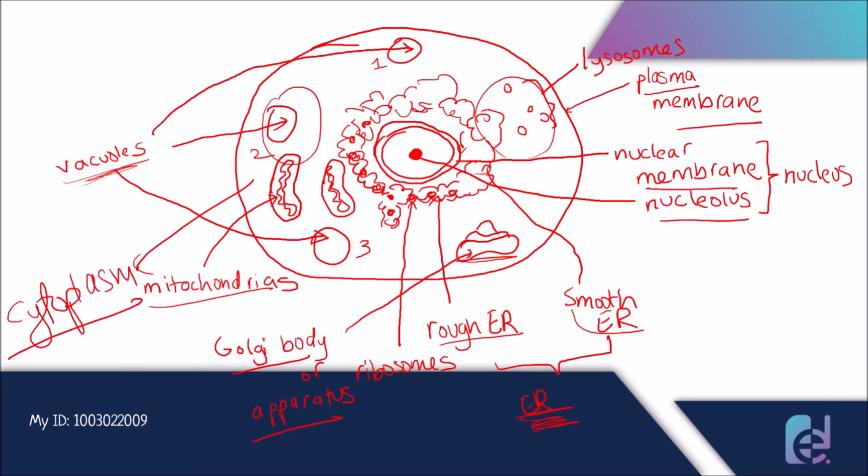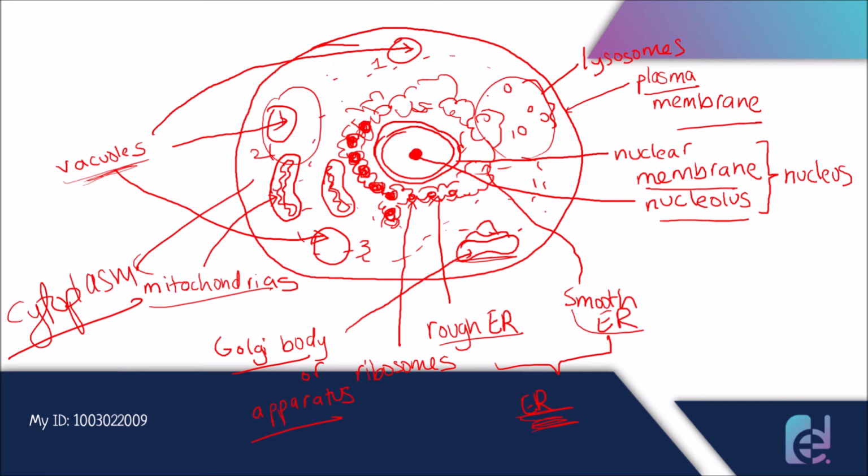This is really a common mistake everyone makes. They just forget the cytoplasm. But it's required to put the cytoplasm inside your animal and plant cell diagrams. And also one common mistake is that people think that these ribosomes over here are only present on the rough endoplasmic reticulum. But actually, there are ribosomes throughout the cytoplasm.